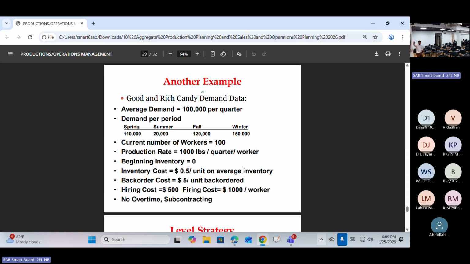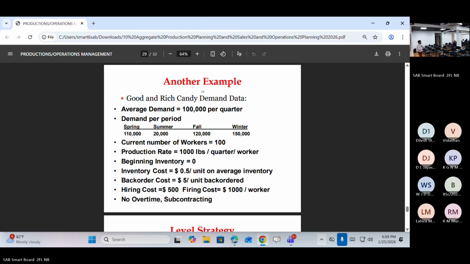If you are provided such details and additional cost details, you need to try to prepare production plans for different strategies like level production and chase demand, calculate the cost of the plan as well, and recommend which strategy would be more appropriate.